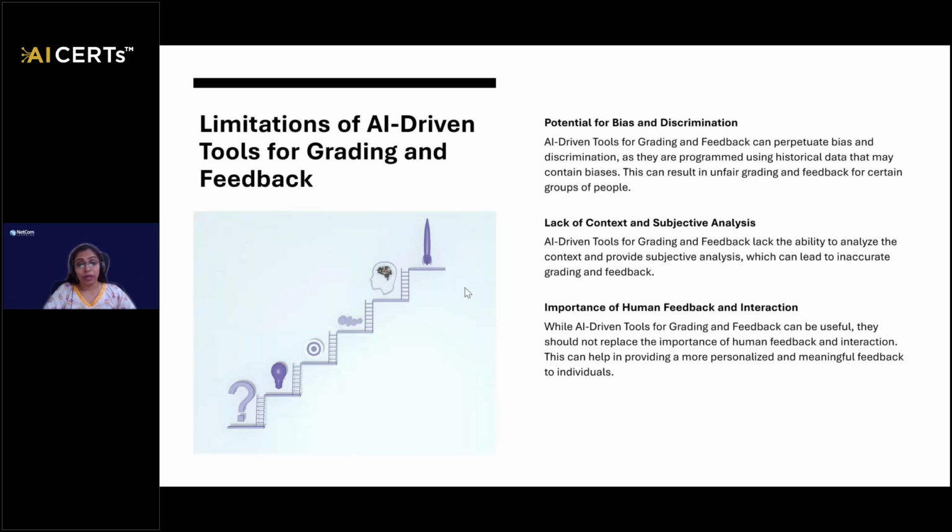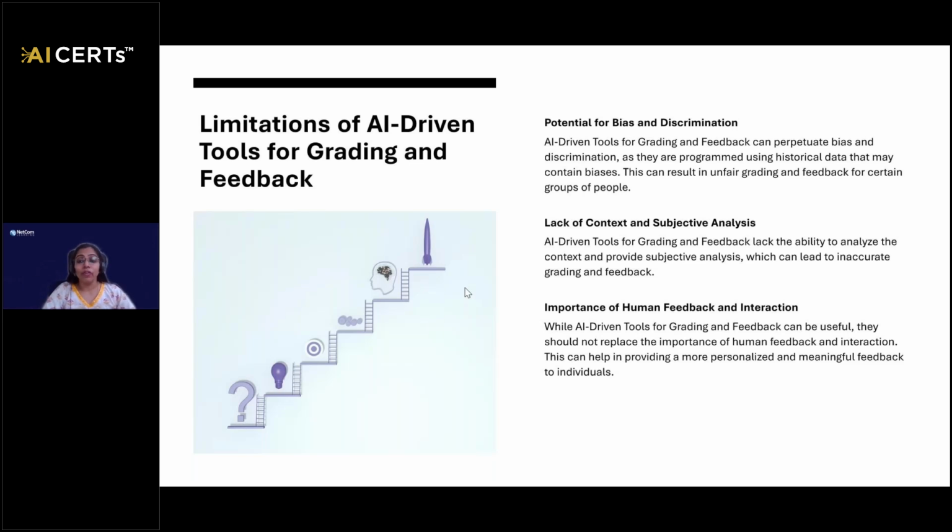Then the last one, importance of human feedback and interaction. We cannot leave our students just based on AI grading or feedback or AI driven tools. We cannot leave them because our human touch is really important.